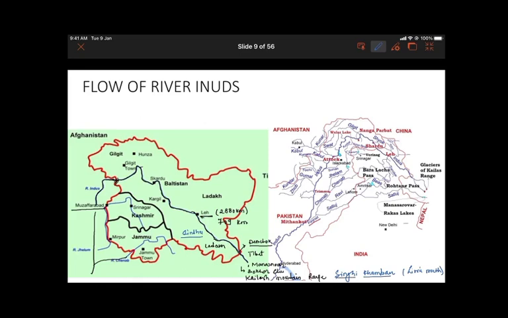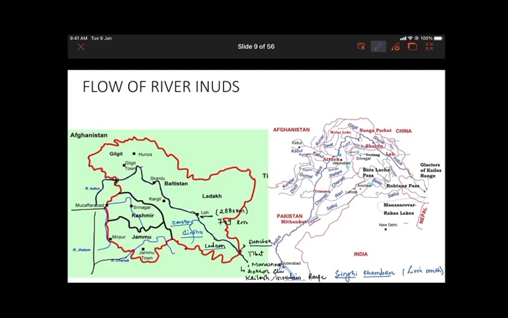As it comes towards Leh, it is joined by its first tributary, that is river Zanskar. So Zanskar is the first tributary that joins Indus. And Zanskar flows entirely through the Ladakh region.